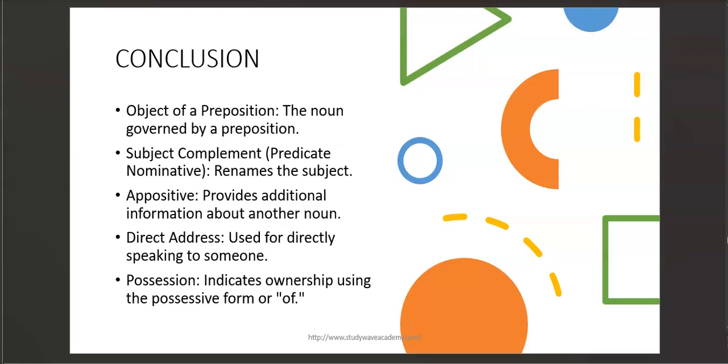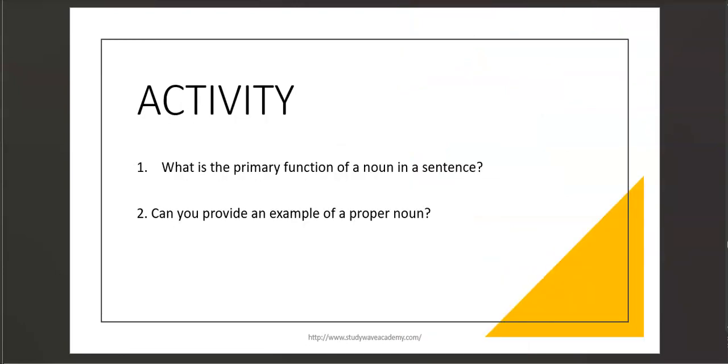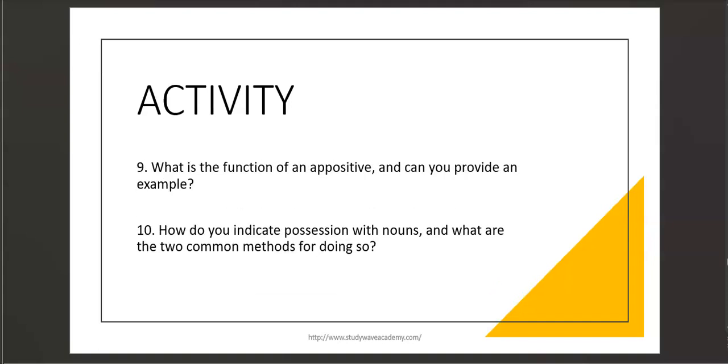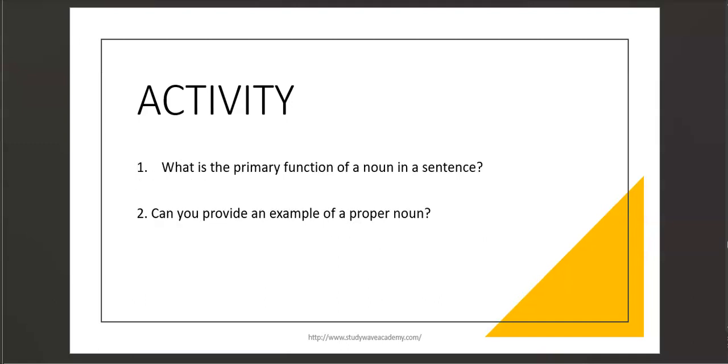So as we end our lesson, I have a simple activity again, just 10 very simple questions that I want you to go through and do. As you do these questions, you will be able to understand it even better.